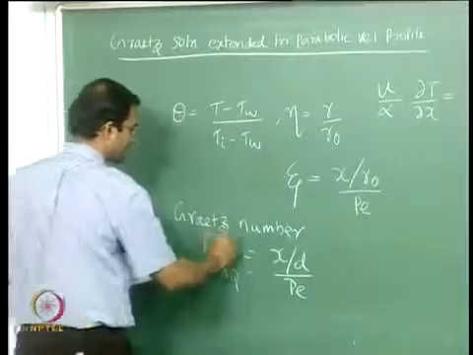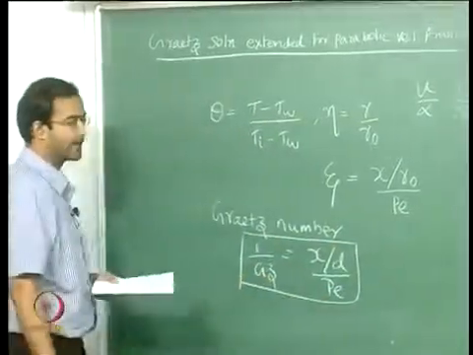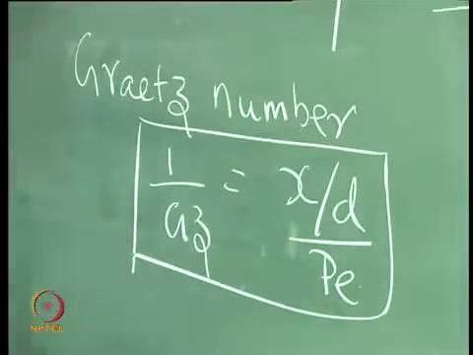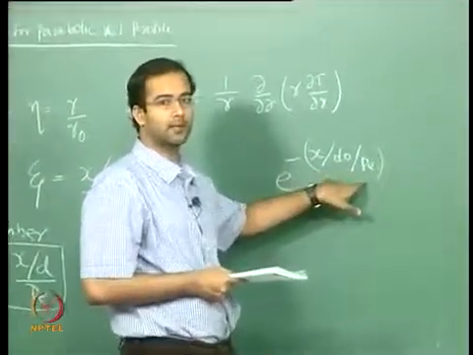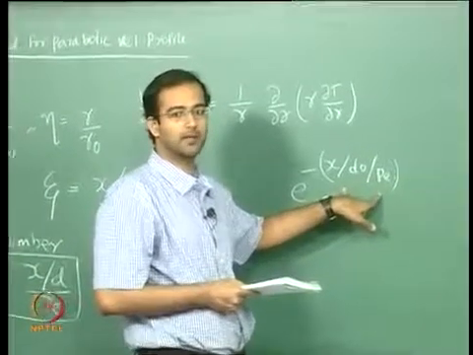So this is basically how the Graetz number is defined. This particular non-dimensional grouping of x by d by Peclet number is referred to as Graetz number inverse.